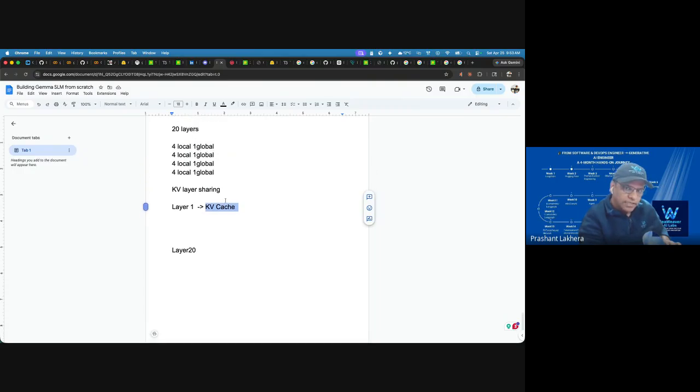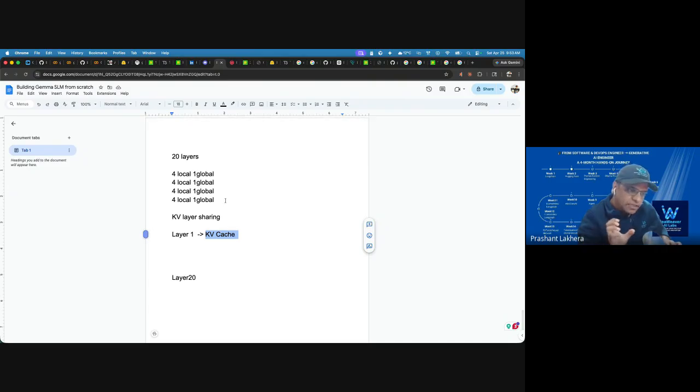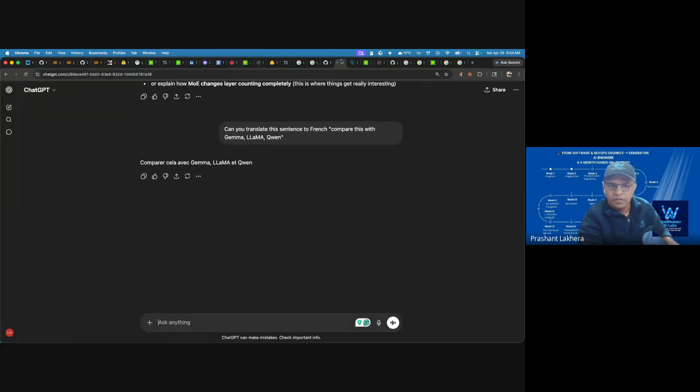Is this point clear? Because these are parameters specific to Google Gemma. Whatever we have read so far, like GQA and everything, can be applied to any model. But things like KV layer sharing, let me see, are there any other models besides Gemma that use this?